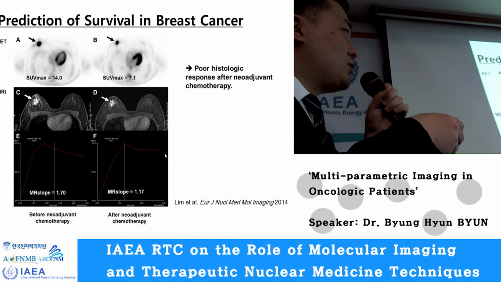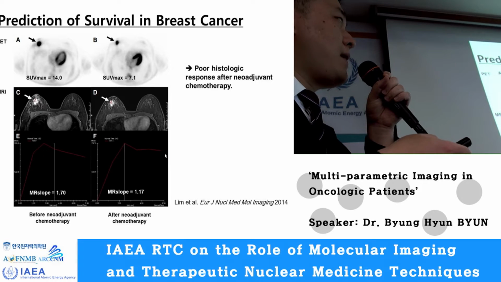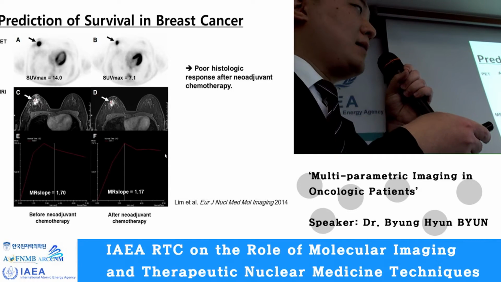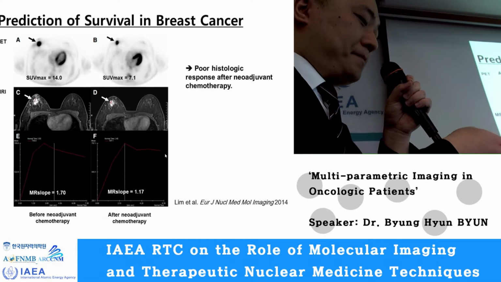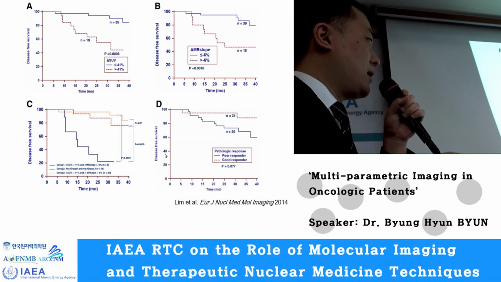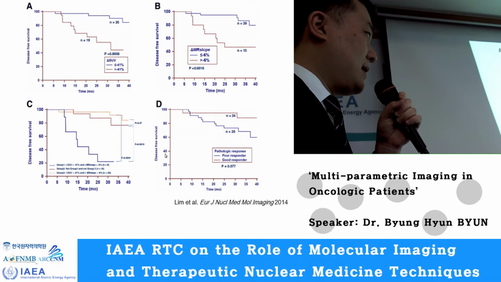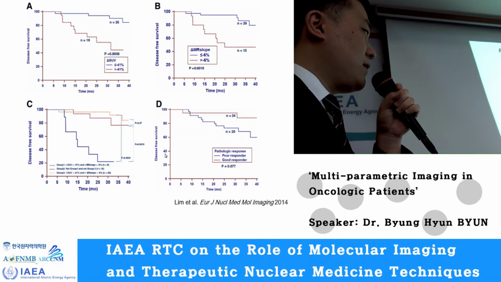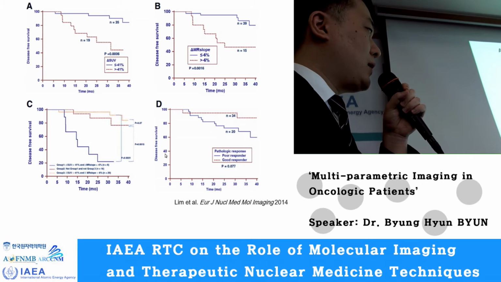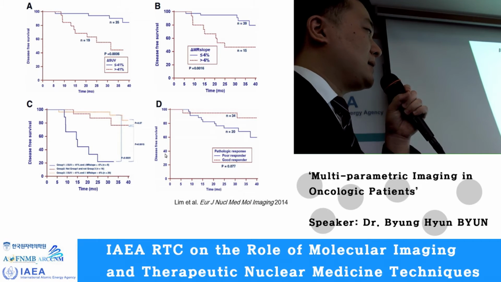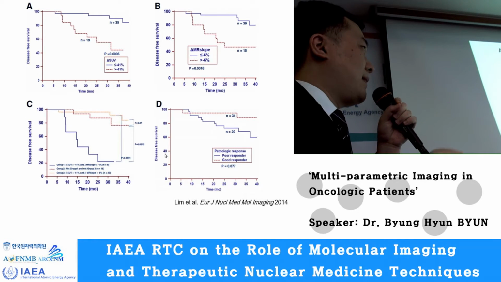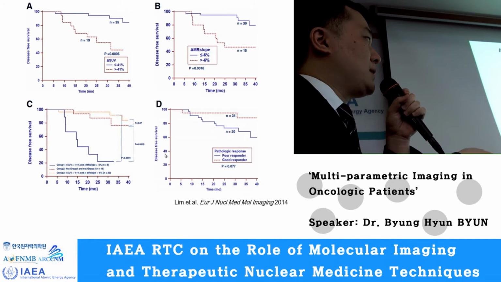By combining these two parameters, we could predict the survival better than with the parameters used alone. As you can see in this slide, by combining the SUV and the dynamic MRI parameter, we could predict the survival more accurately than with the parameters used alone.